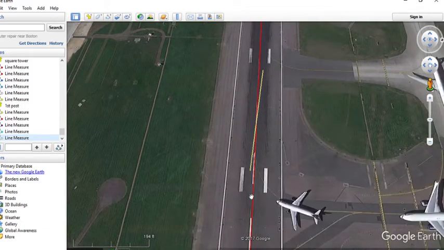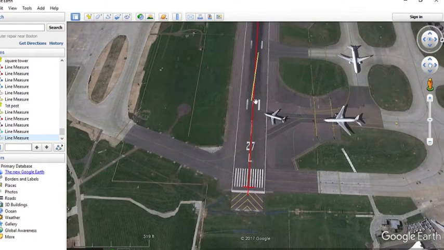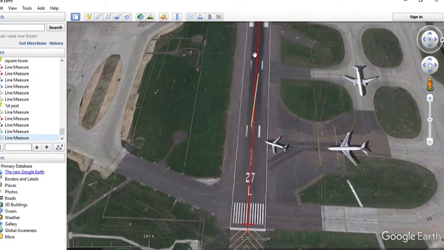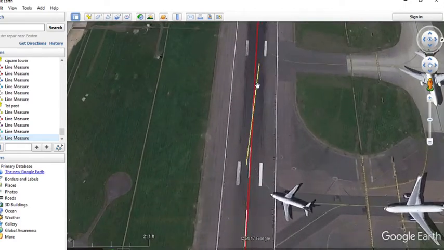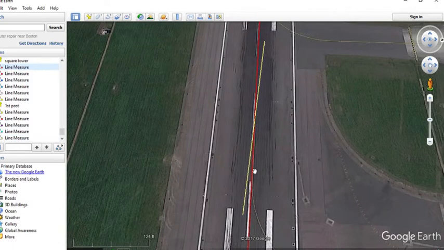Now I've actually gone to the length to measure the orientation. The change in orientation of this square tower is 3 degrees relative to the straight red line. So let's measure that.